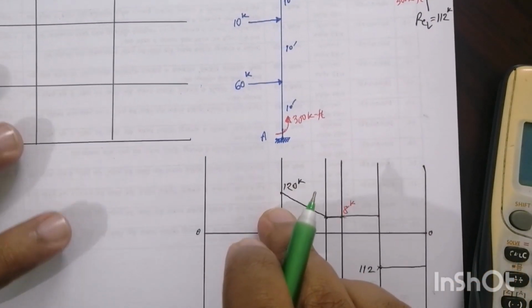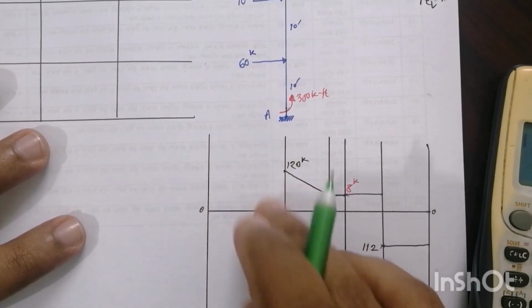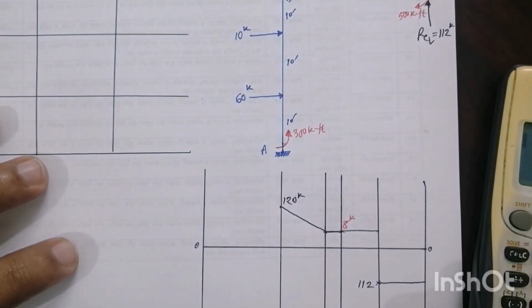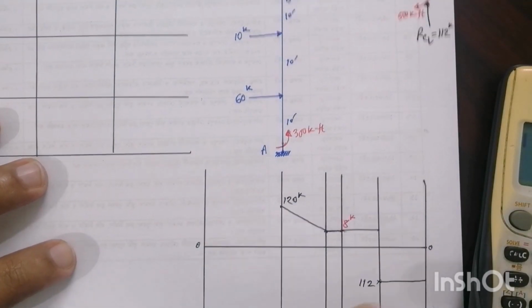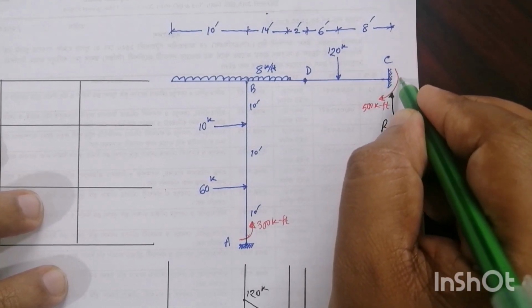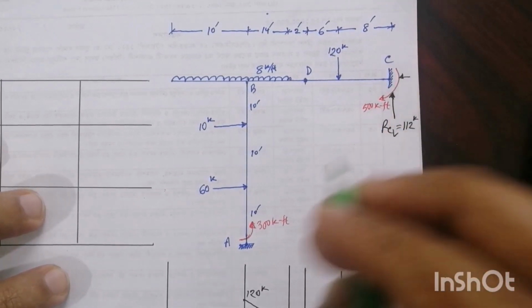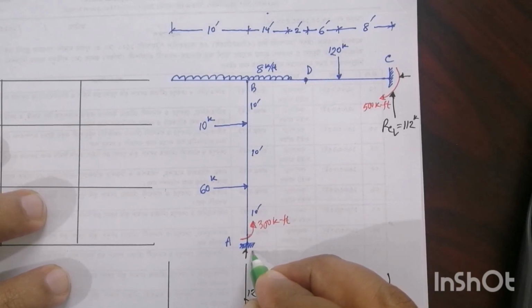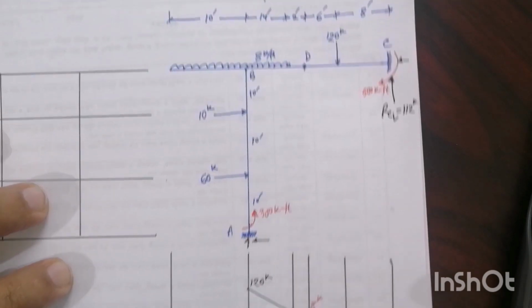So to calculate this reaction, we can go this way, but before that we have to calculate more reactions here: the horizontal reaction force, and also here the vertical and horizontal reaction.